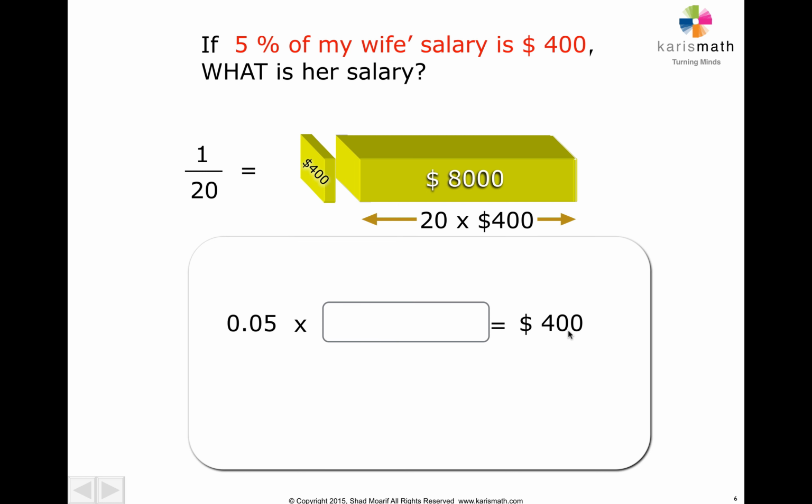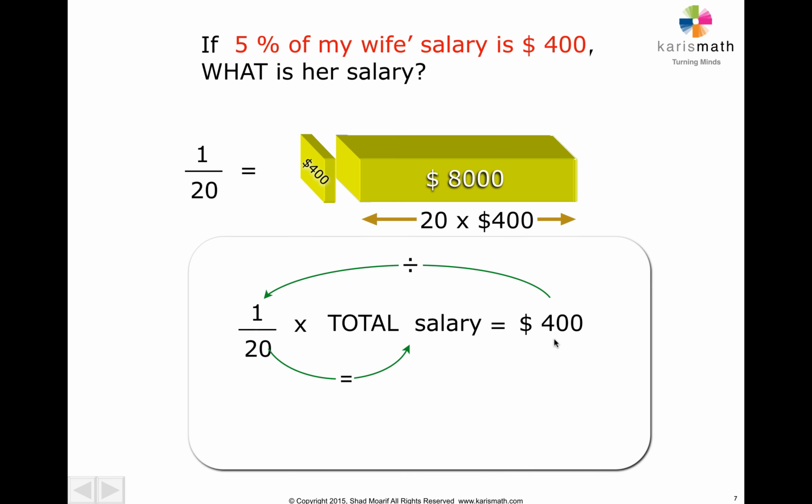So if you divide 400 by 0.05, you'll get the answer. You divide this by that, and you should get this answer. And we had 0.05 here because that's 1/20th, or 5%, 5 over 100. So divide 400 by 0.05 and you will get the answer.